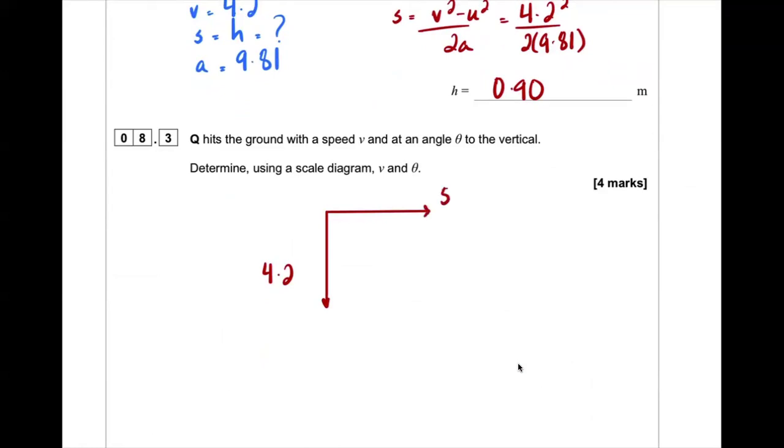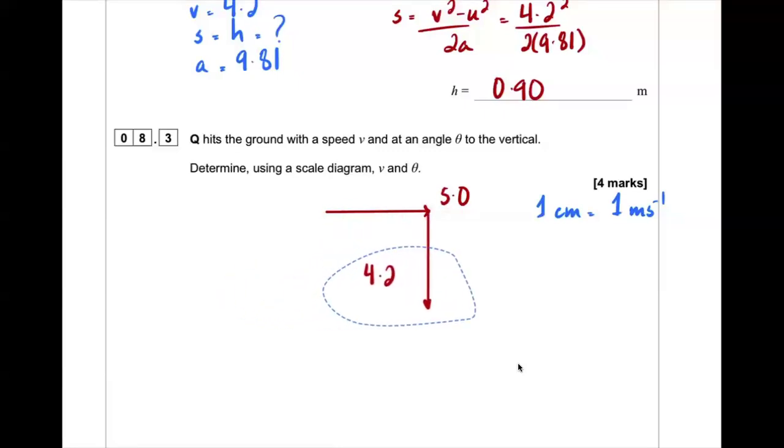For this question, because it says use a scale diagram, you need to define a scale. One which is very obvious is that if you take 1 centimeter to represent 1 meter per second, that's your scale. So you draw a 4.2 centimeter line, you draw a 5 centimeter line. To make the head to tail rule work out, you can superpose them in this way, and this is basically the resultant, which is what you're looking for.